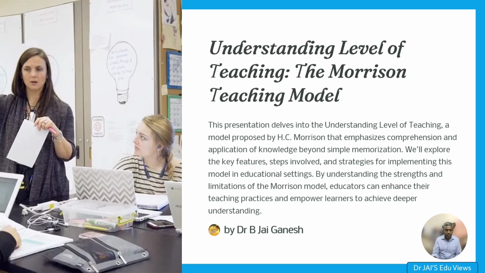So this model mainly emphasizes the mastery of content through reasoning and structured thinking. So Morrison insisted on 2 important things in his model, such as to improve the reasoning ability and also the formation of structured thinking for better teaching.